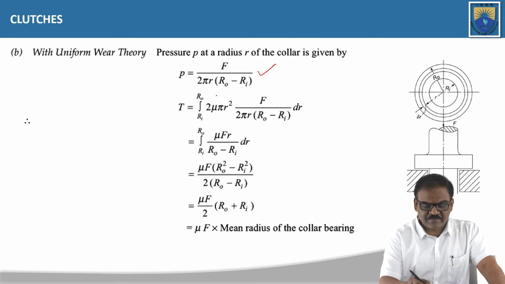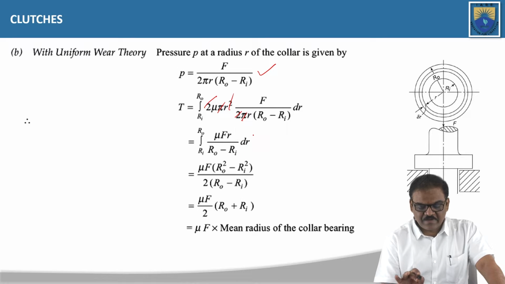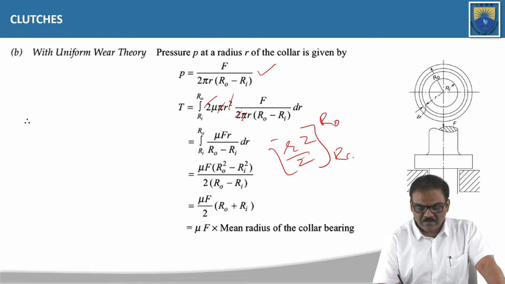Here we can cancel 2 pi, and this r goes r times, giving mu F r by (R outer minus R internal) into dr. Therefore, it is an integration of only r dr. Then the integral value becomes r square by 2, and you have to substitute R outer and R internal.